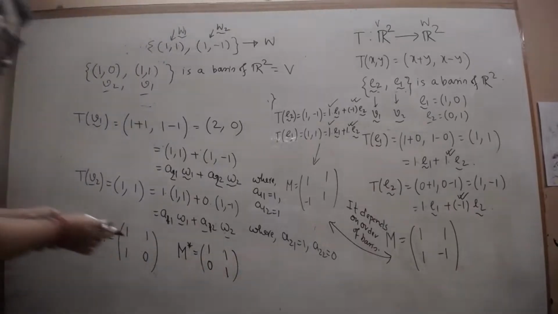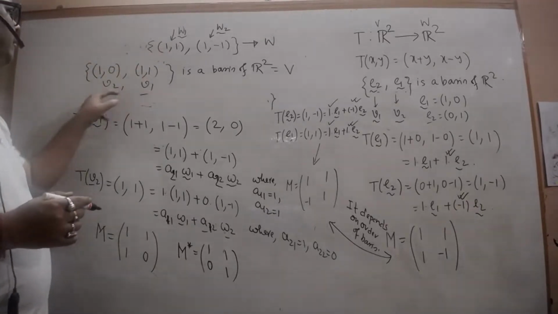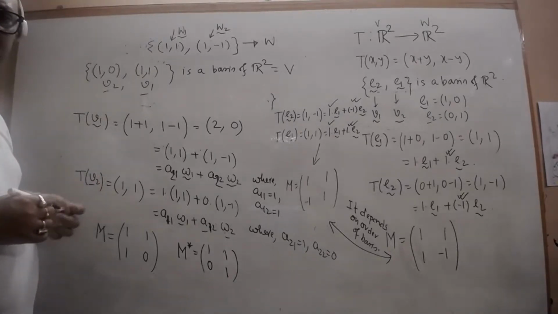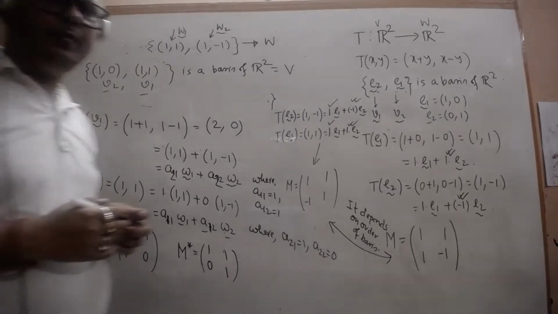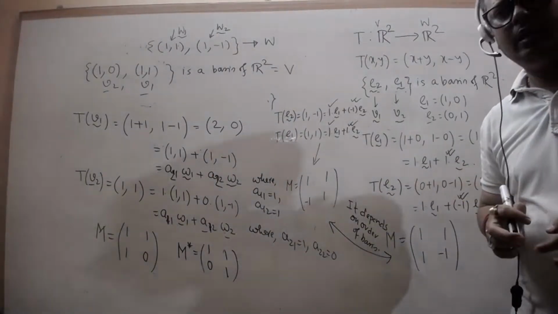So again we see that these two matrices are not the same. So if you change the order of a basis, then your matrix also changes. So it very much depends on the order of a basis. Clear?